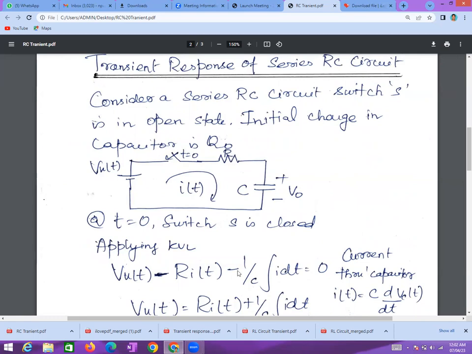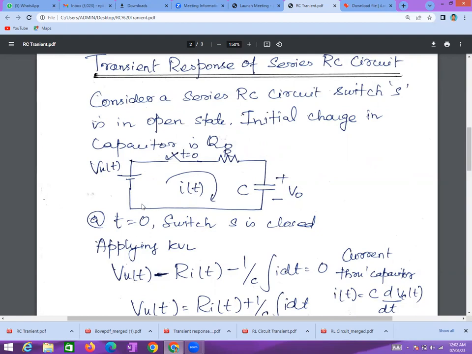So first I have to apply Kirchhoff's voltage law here. It is given in the problem statement itself that it is a DC step input. That's why I'm taking the magnitude of the input DC excitation as V, and the input is a step input, that's why U of t.